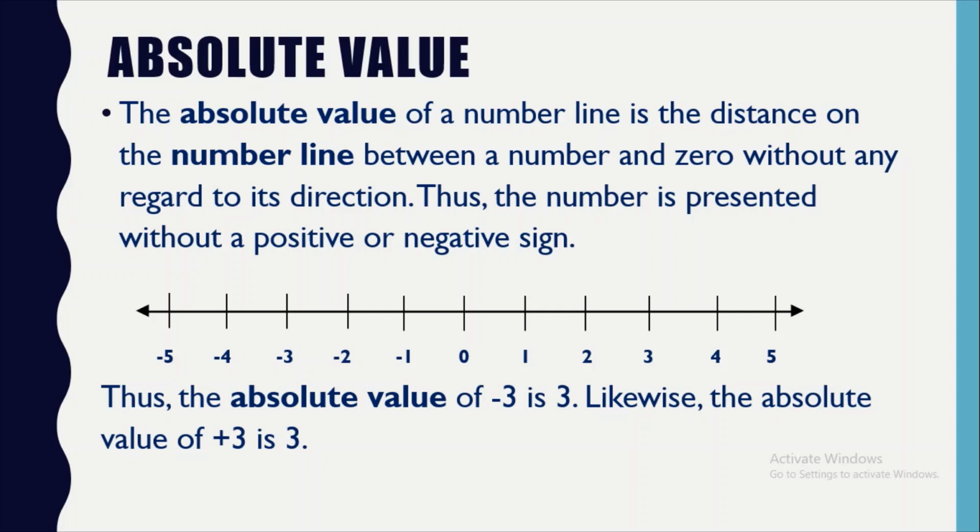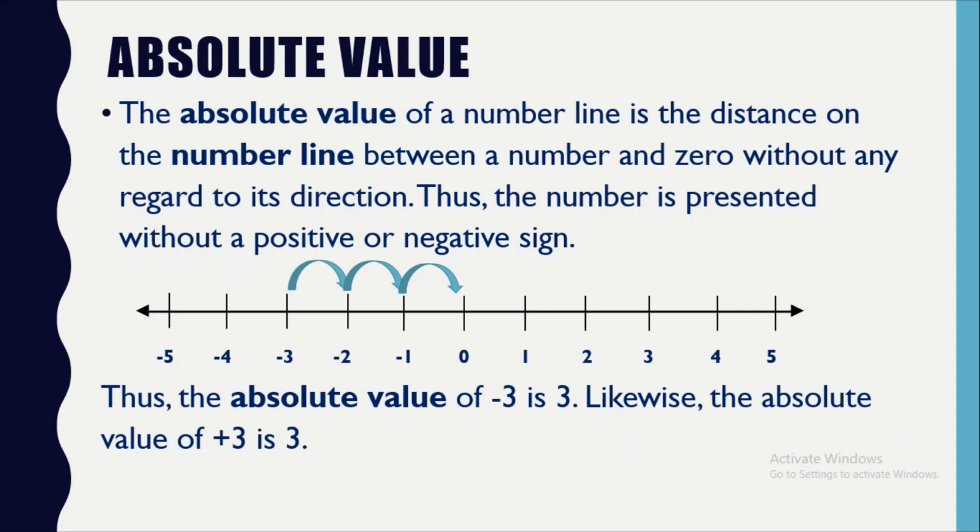So, tinatanong niya, find the absolute value of negative 3. What you're going to do is to count how many units is the distance from negative 3 to 0. So just count. 1 unit, 2 units, 3 units.